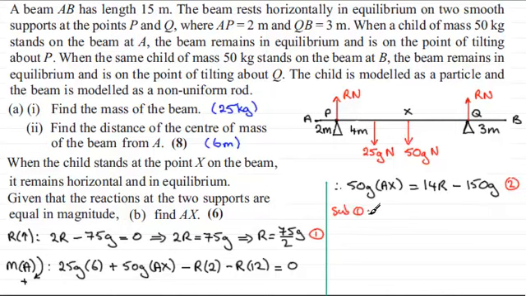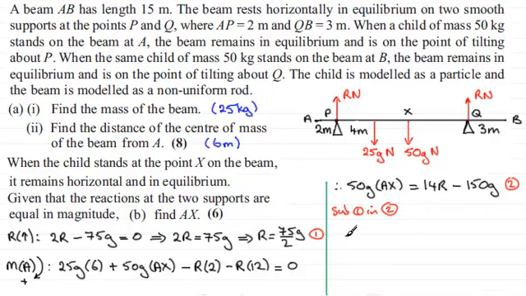So we'll sub 1 in 2. And what does that give us? So therefore we have 50g times AX equals, and if we put 75g over 2 in here for R, then 14 times 75g over 2 minus 150g turns out to be 375g.